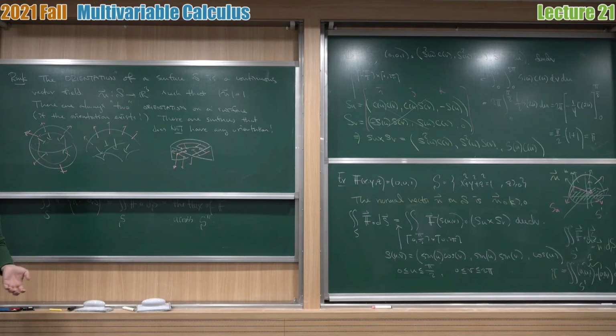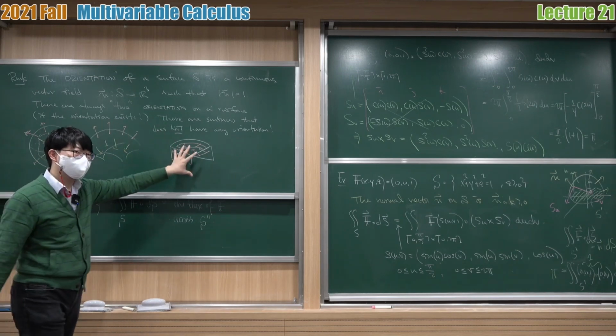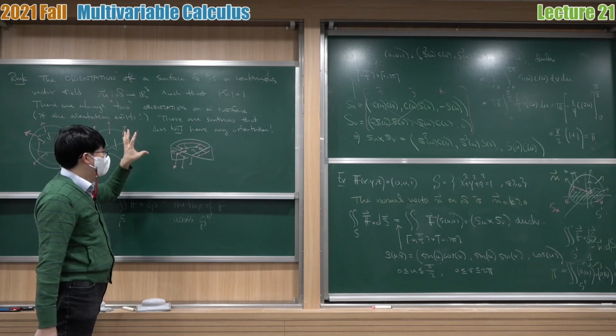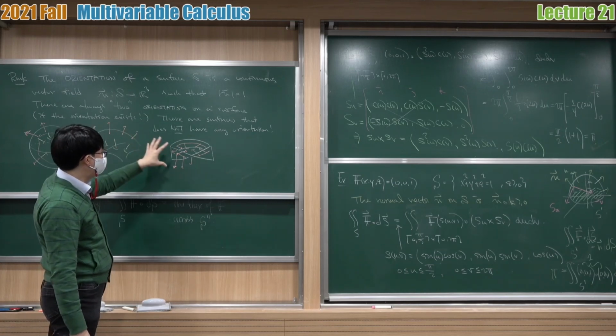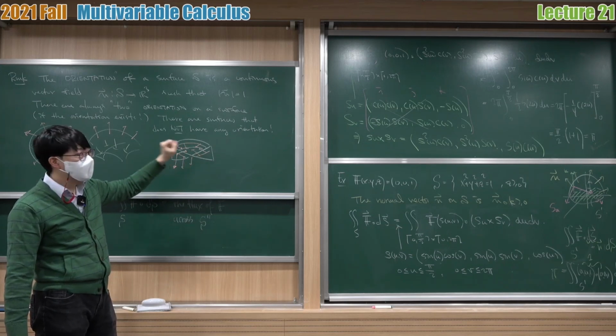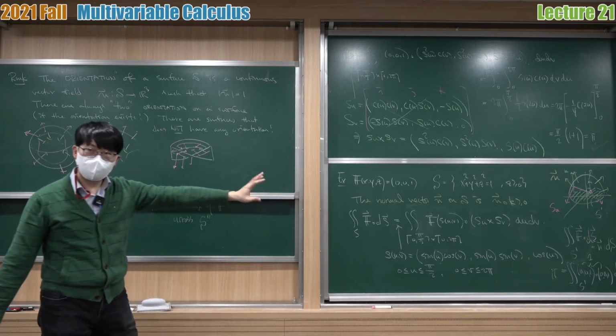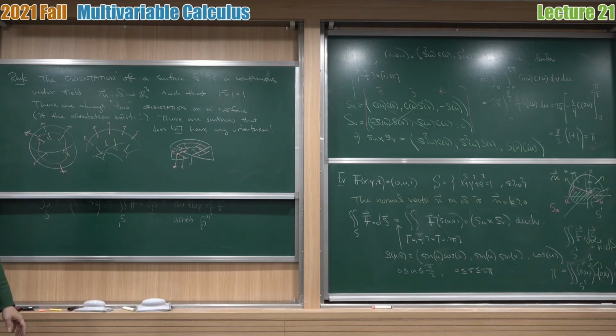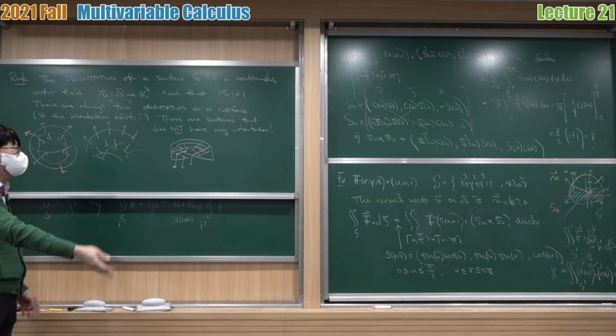And it doesn't make sense, because in order to have a flux, you need a consistent direction of your normal direction. So you cannot find a flux. There's no point in defining a flux across this non-orientable surface. So when you're talking about the flux across a surface, you always talk about an orientable surface, which means that you can give an orientation to the surface.